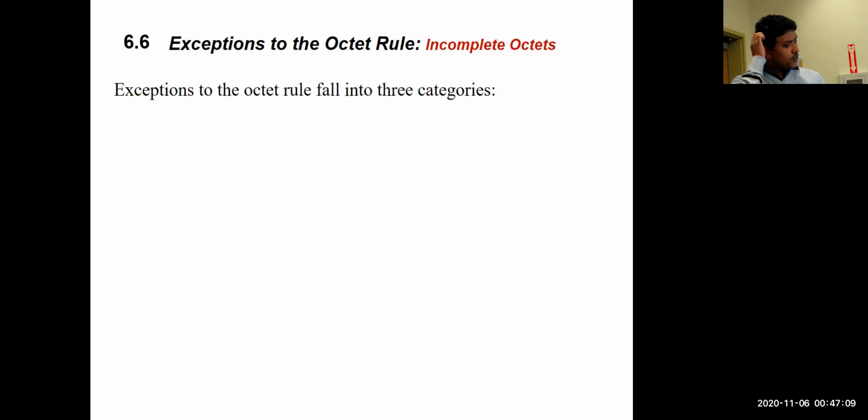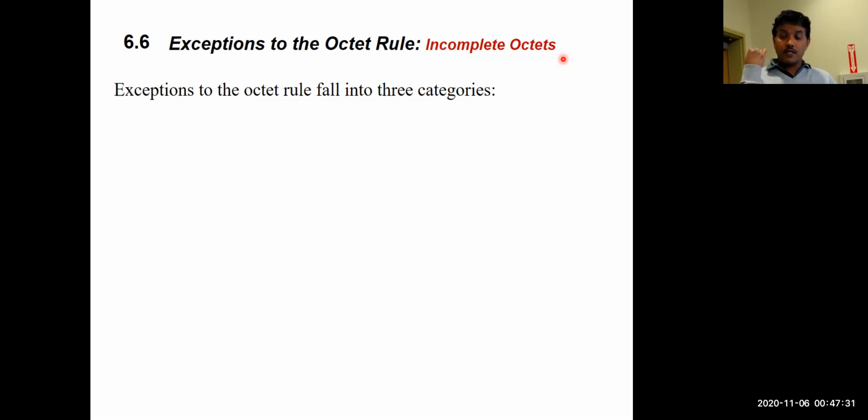The first exception that I'm going to discuss here is incomplete octets. If you can see it here, I highlighted it. One thing we discussed is that when you draw Lewis structures, the main group period 2 elements must have an octet of electrons.